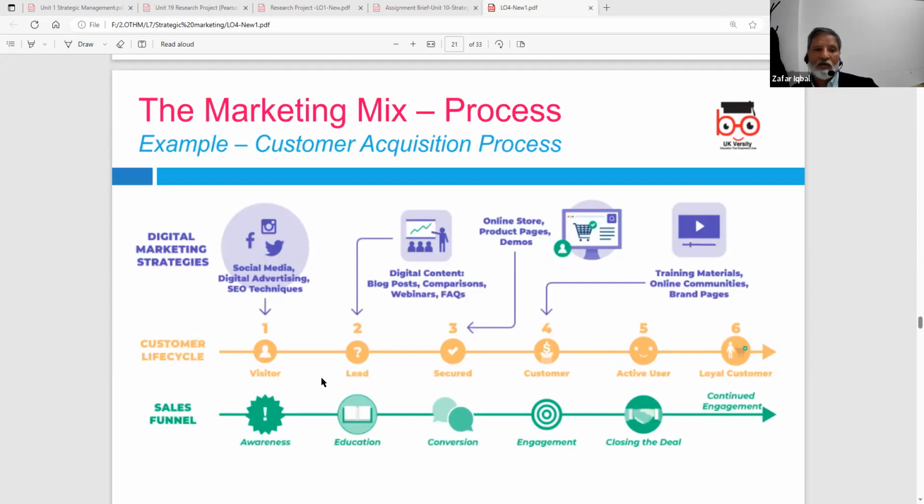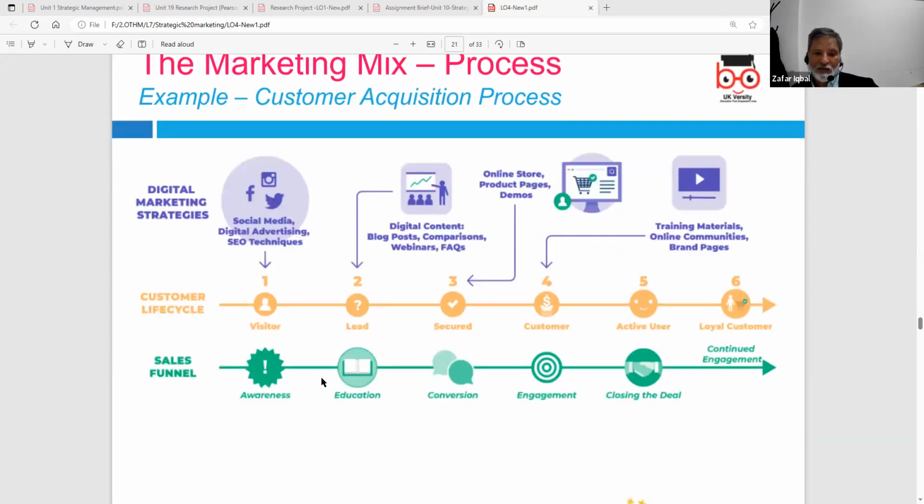This can be created in different stages: at the awareness stage, at the education stage, and the conversation stage, engagement and closing the deal, and continuous engagement afterwards. These are all the processes that you go through when you create the marketing mix to acquire customers.